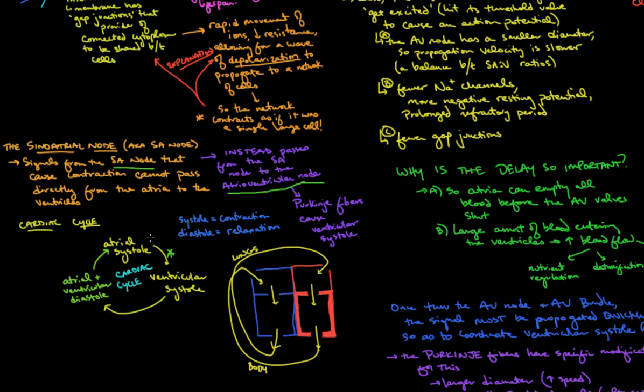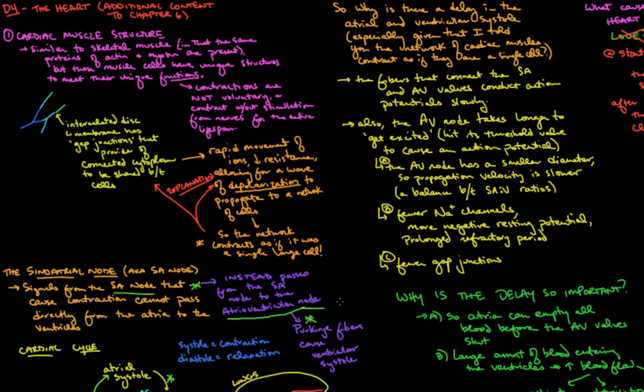I'm going to outline this in just a moment, and how this happens, and really why the delay happens between the SA node and the AV node, but also how the Purkinje fibers speed up that contraction so that both ventricles close as a single unit instead of a wave action.